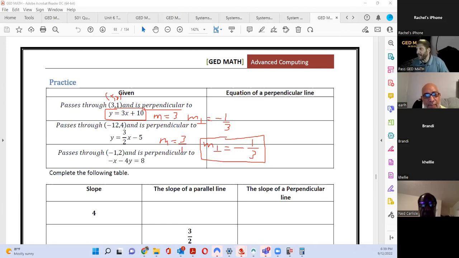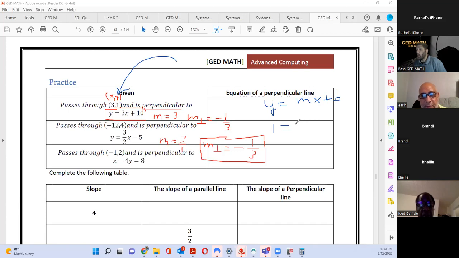It's the same thing. So we're going to start with y equal mx plus b. What's my y? Your y is 1. Where did you get that from, Earl? From the point. The point is going to give you the x and the y. Equal. What's the slope?